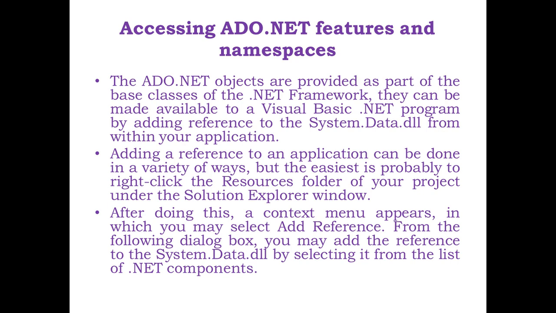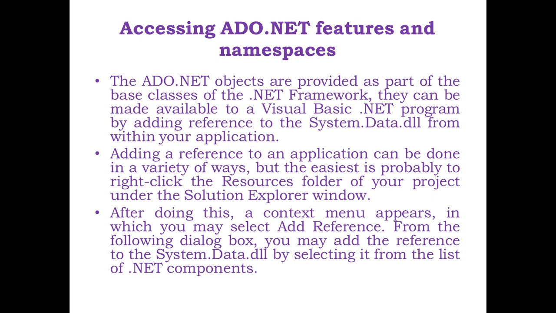After doing this, a context menu appears in which you may select Add Reference. From the following dialog box, you may add the reference to System.Data.dll by selecting it from the list of .NET components. This is how it is created for the ADO.NET features.